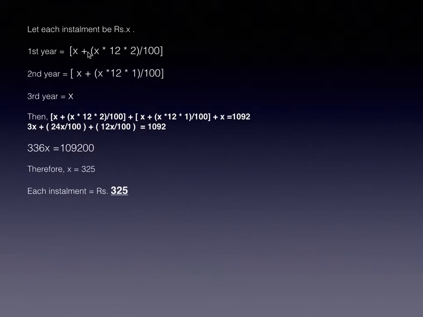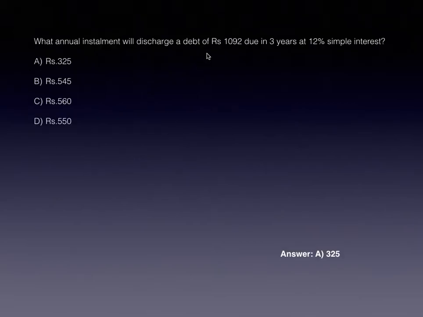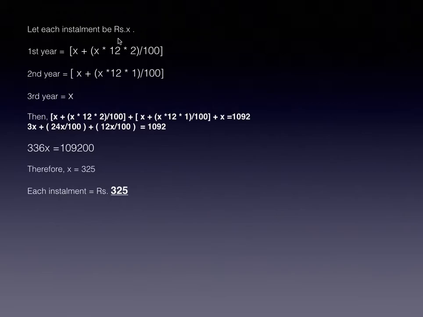We know that after 3 years the due is over and the debt was 1092. Therefore, adding up all these, we can equate this to 1092.